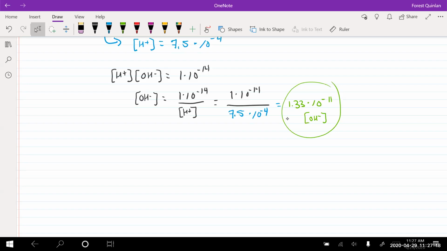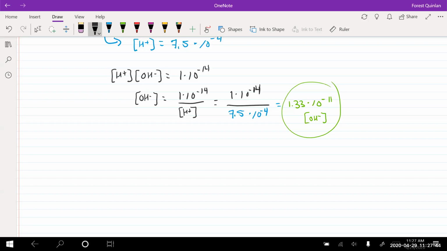1 divided by 7.5 is 0.133. I get that. Okay. And then 10 to the negative 4 divided by 10 to the negative 14. I thought that I would just make that negative 10. Why is it negative 11? Yeah, you can't do that because 1 divided by 7.5 is 0.133, right?